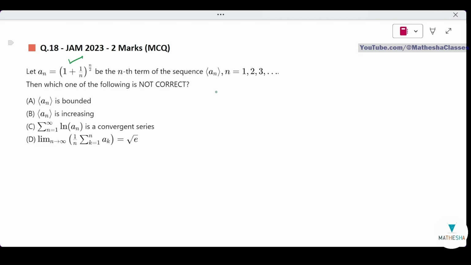Look, it is a well known fact that limit n tends to infinity (1 plus 1 upon n) whole to the power n is e.